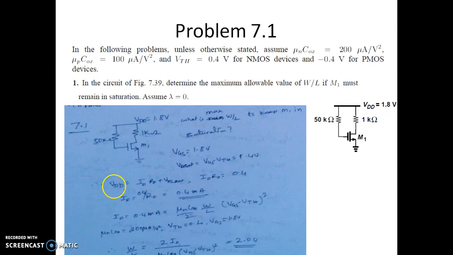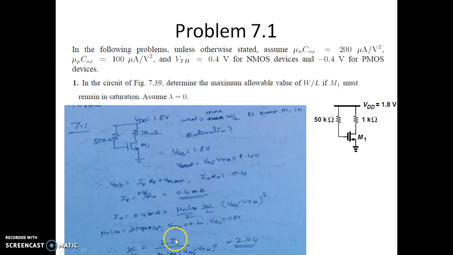Equate 0.4 milliampere to 200 micro by 2, alpha A for the unknown quantity, and 1.4 whole square. If you do the shift solve, the value of W by L comes directly as 2.04. So the maximum allowable value of W by L for this MOSFET to remain in saturation in this circuit is 2.04.